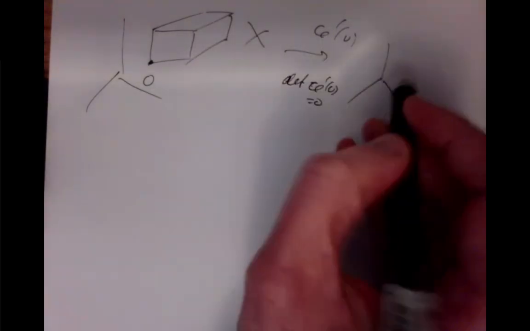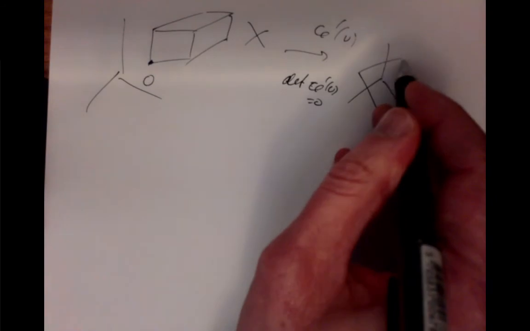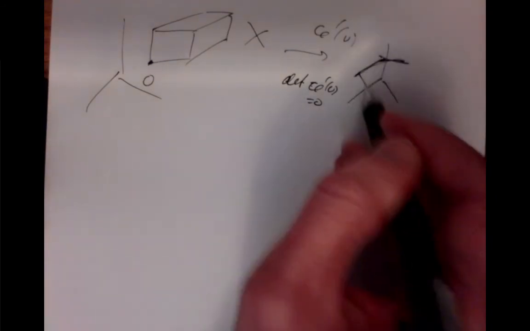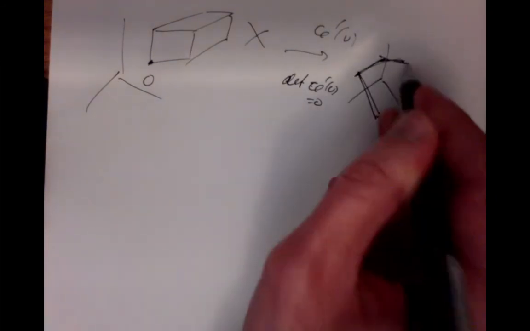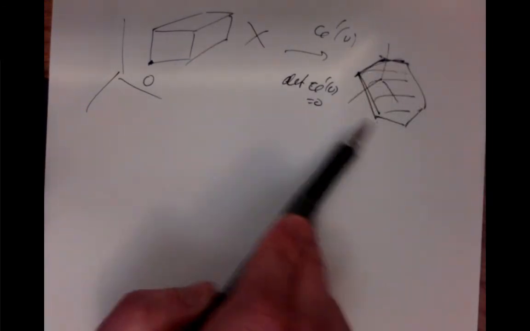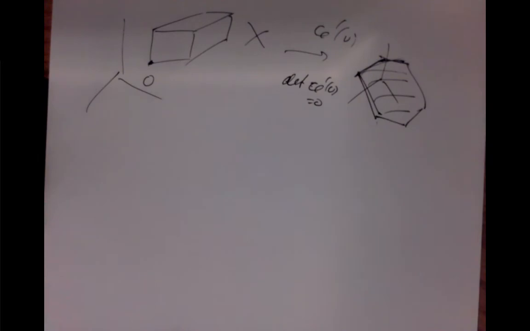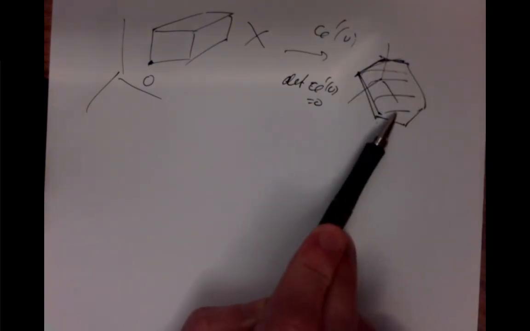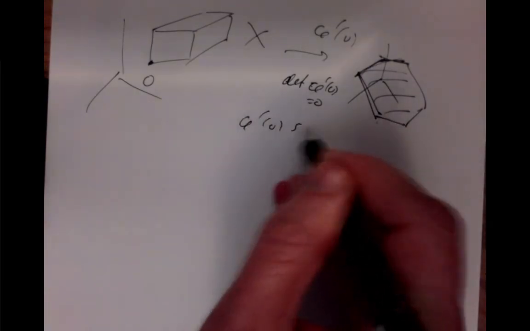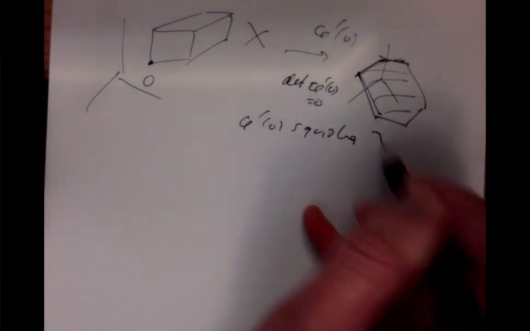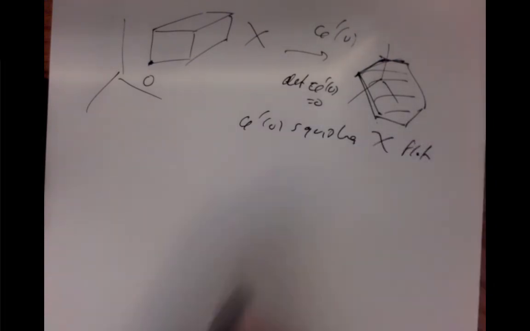That means it takes this box and squishes it flat into something that, if you think about it, has 6 sides. The image of a three-dimensional box under a linear map will be some 6-sided figure, but it doesn't really matter. What matters is just that it sits inside some kind of flat thing. So phi prime of 0 squishes the box x flat to lie in some plane.